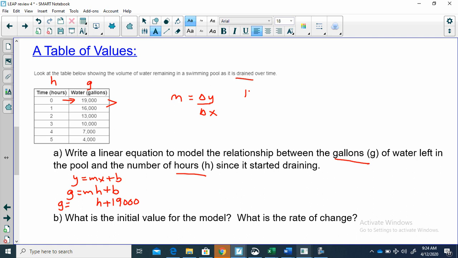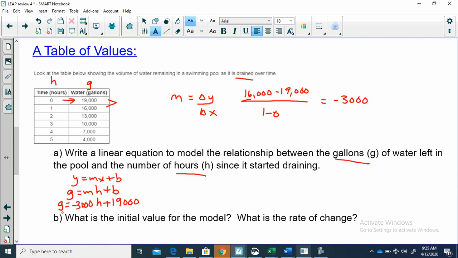We're starting at 19,000. 16 minus 19, 1 minus 0. This gives me negative 3,000 over 1, which is negative 3,000. We're going down 3,000 gallons per hour. Our M is negative 3,000.